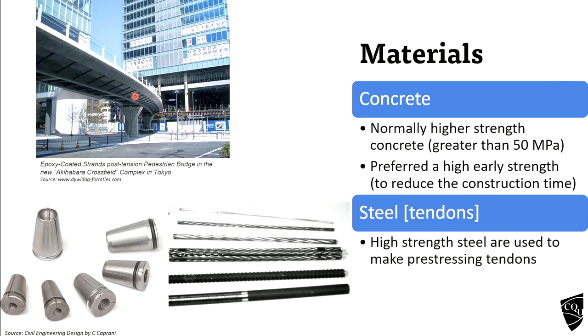We prefer high early strength. That means within 7 days we should be able to get 70% or more. In normal concrete it is around 65%. We like to get some early strength, because then we should be able to speed up our pre-stress concrete construction.